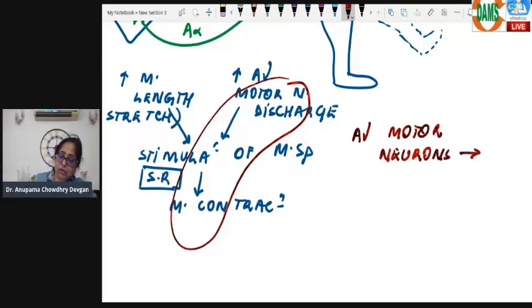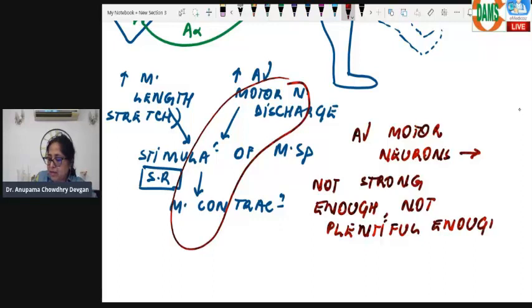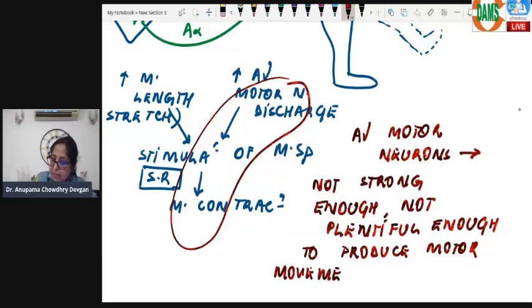A gamma motor neurons are not strong enough, and not plentiful enough, to produce a motor movement. They do produce a muscle contraction, but not sufficient to produce a movement.